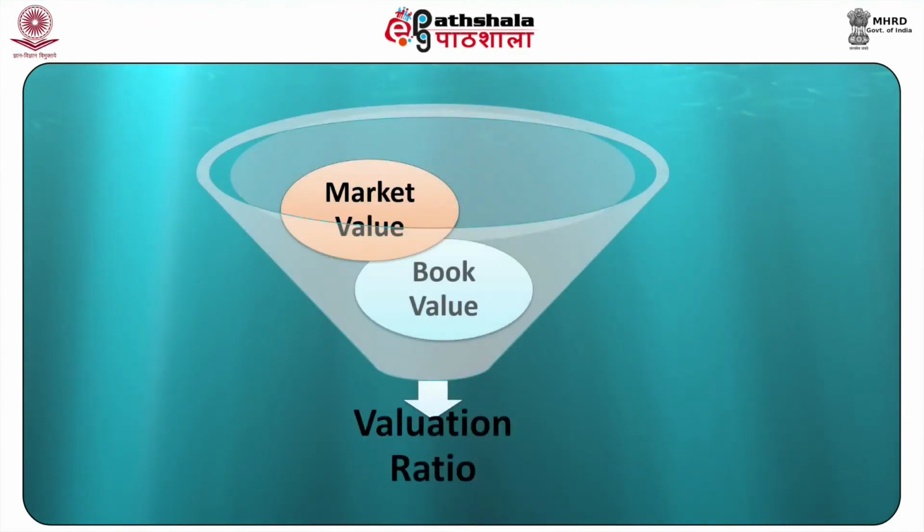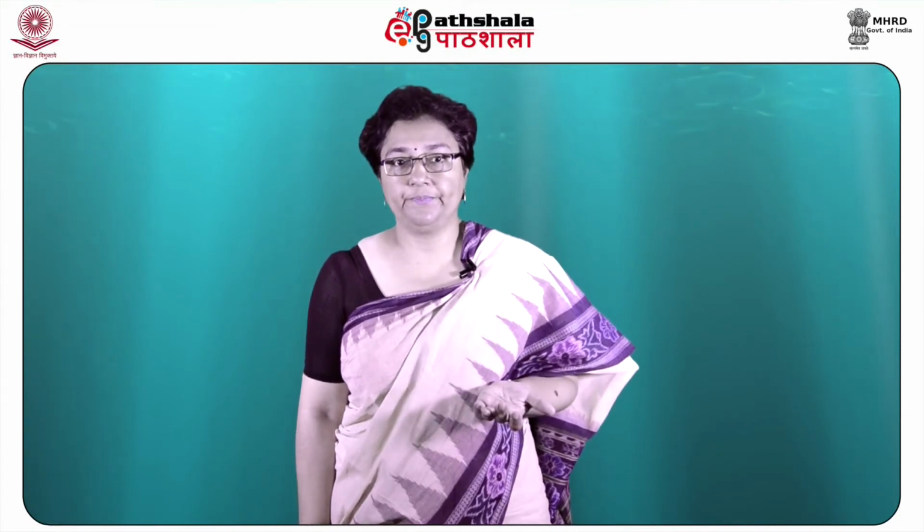Marris came up with a very effective measure for evaluating the performance of the management, which he termed as valuation ratio. This is the ratio between market value and book value. Market value of the firm is the representation of the market's assessment of current and future performance of the firm, while the book value is the value of the resources utilized by the firm and represents the capital or asset value of the firm.